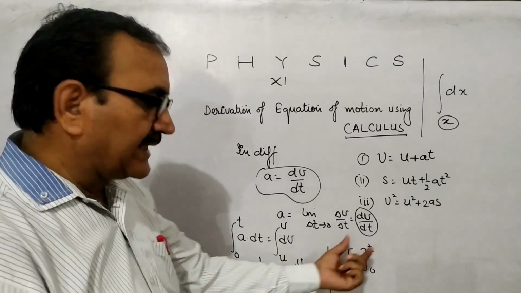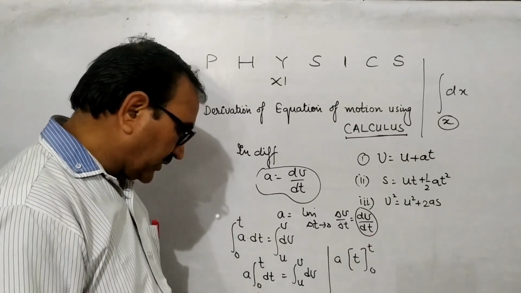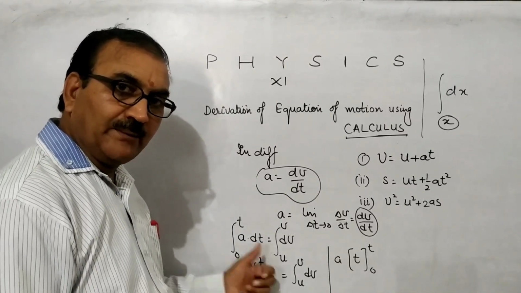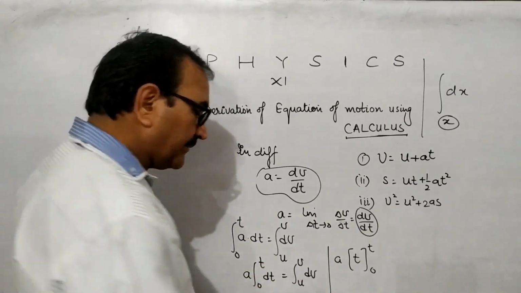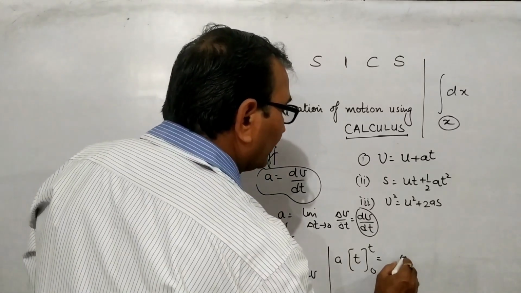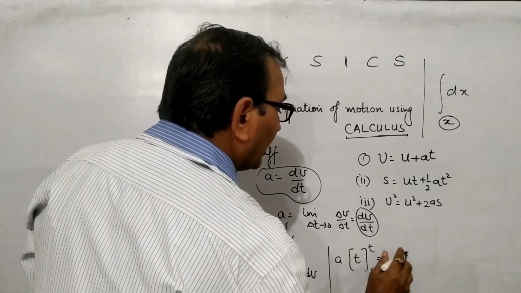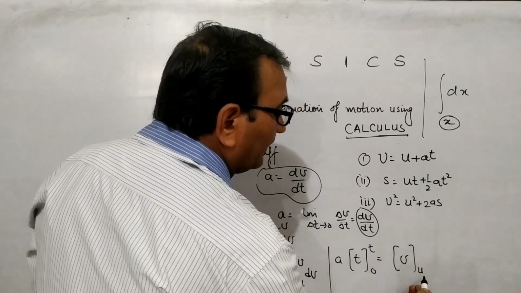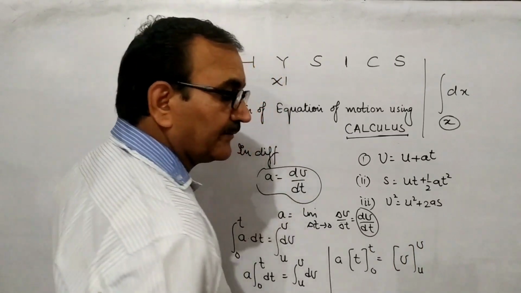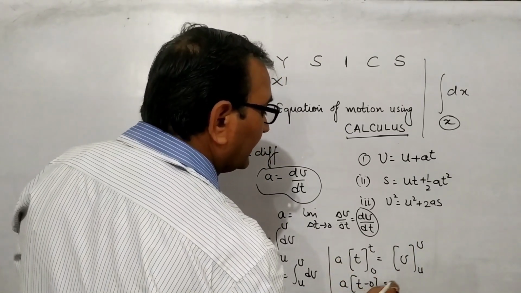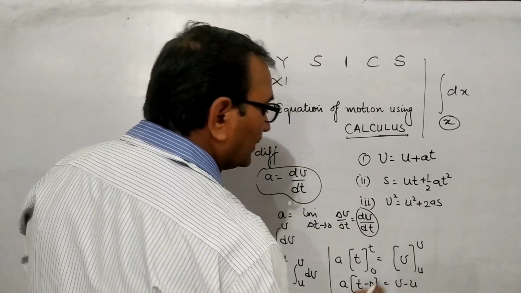This is the lower limit and this is called the upper limit. In a similar way, here integration of dv, you write only v, and use the lower limit u and the upper limit v. So here a times t minus 0, and here v minus u.